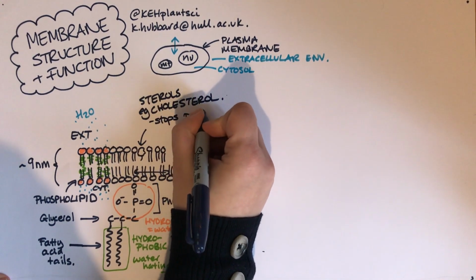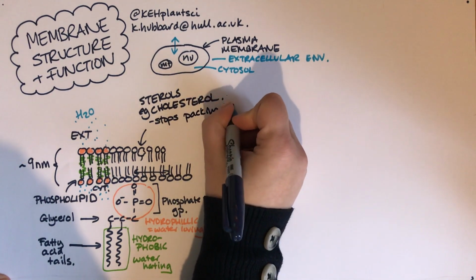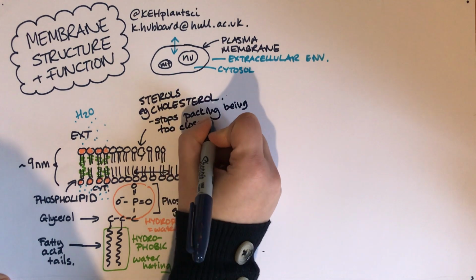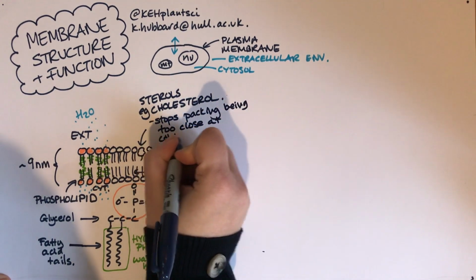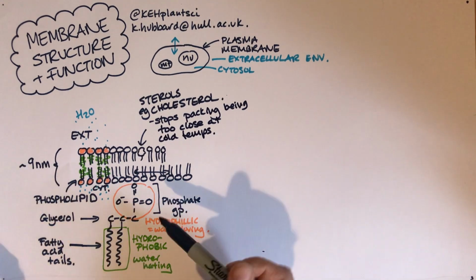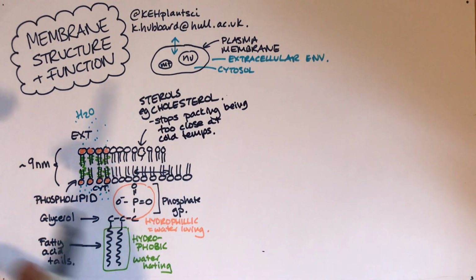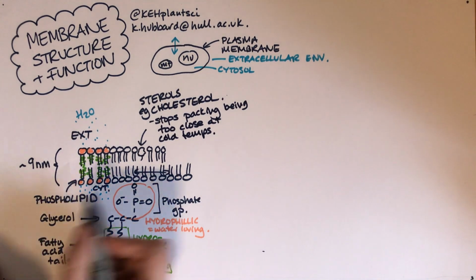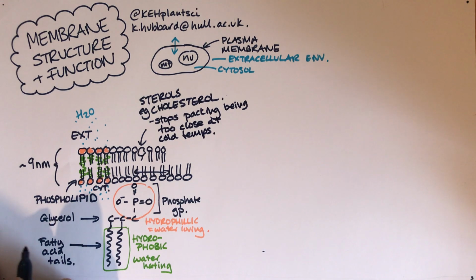So you need cholesterol in your membrane, and it stops the packing being too close at cold temperatures. So at cold temperatures, all of these lipids kind of get really sluggish and they kind of stick together and they get really gloopy. And if you have that, then the membrane doesn't work as well. You can't get stuff across the membrane.